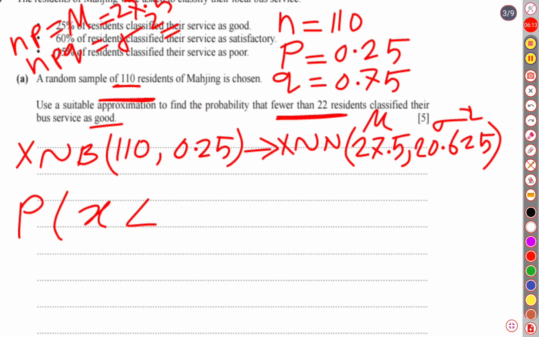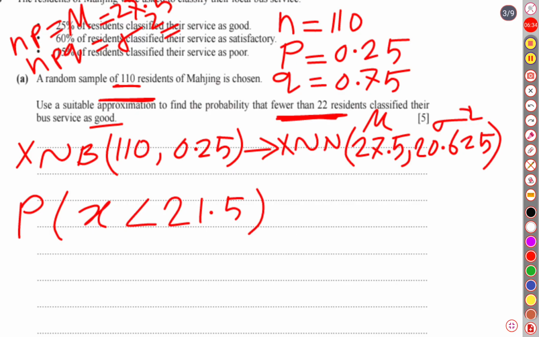So less than 22, if we do the continuity correction, becomes less than 21.5. I think you have understood my point.